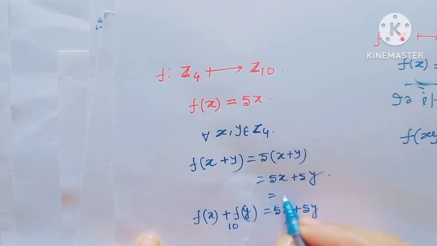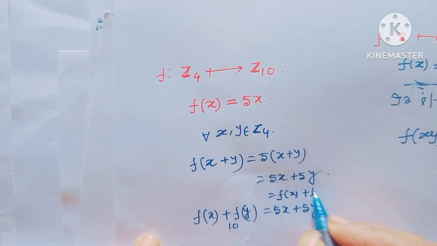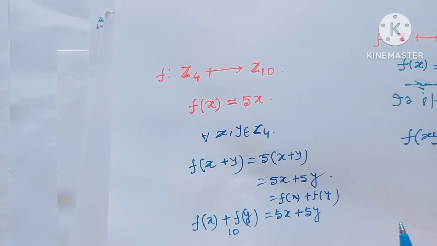So this equals f of x plus f of y. So this satisfies the group homomorphism property, so this is a group homomorphism.